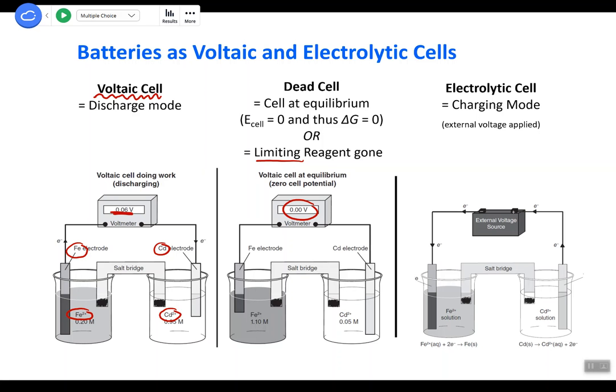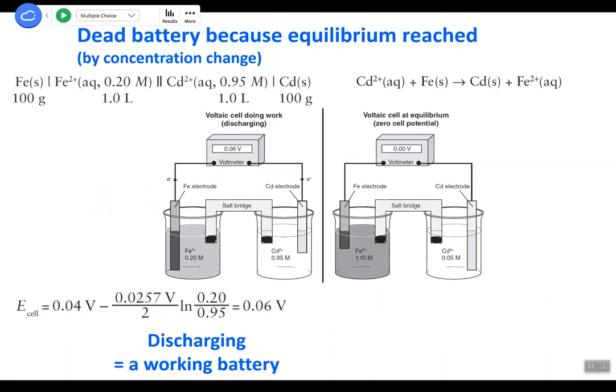So we have a voltaic cell, we have a dead cell, and then if it was designed properly that the reverse reactions aren't going to create side products and cause a fire, we can apply voltage and recreate our starting conditions. We're going to look slightly in depth here at one example to see how the battery can die by concentration change and how it can die by the limiting reagent being used up.